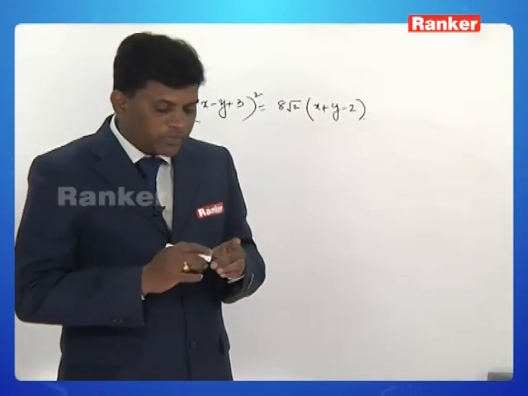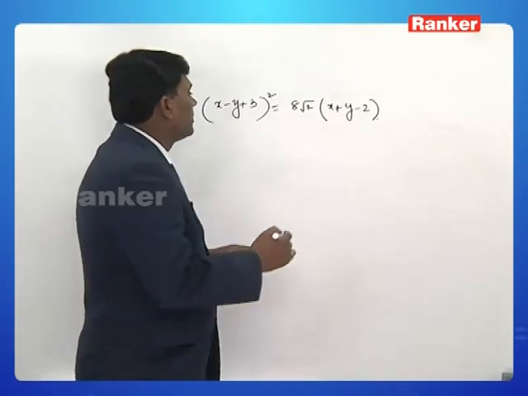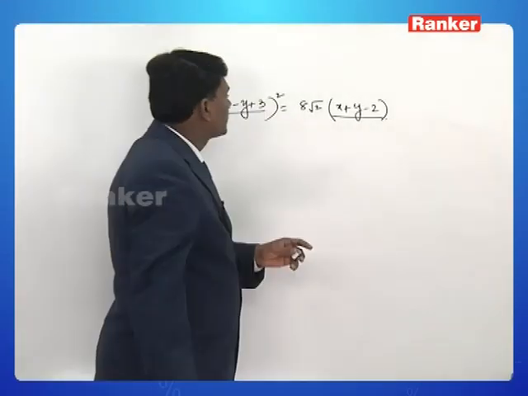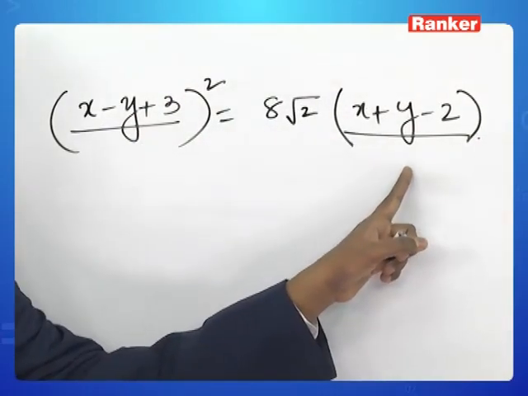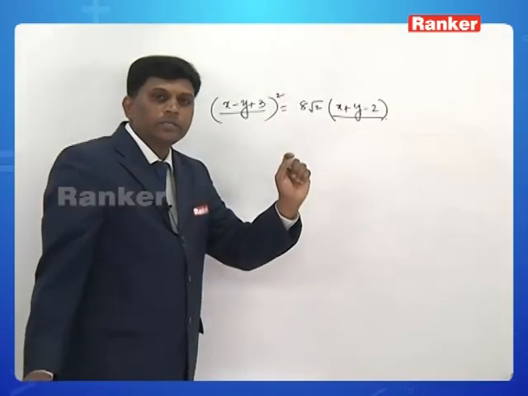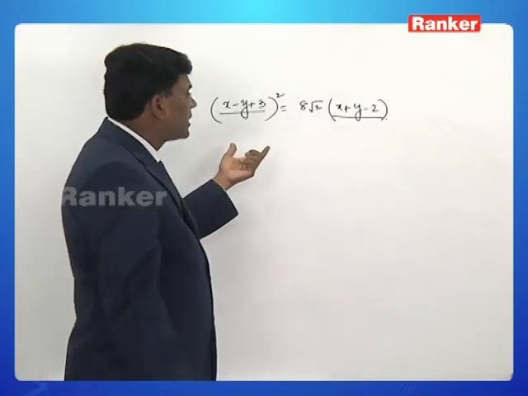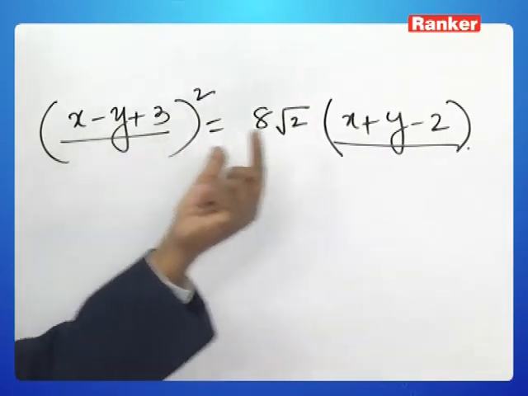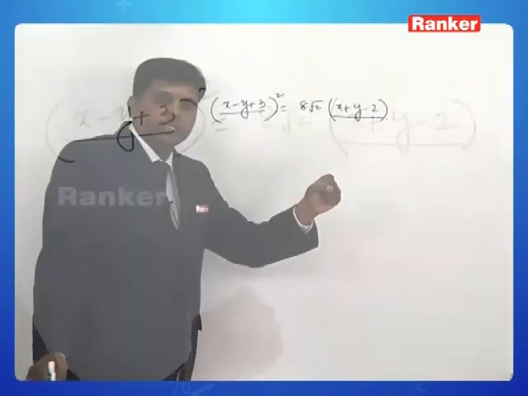The first fact we have to analyze here is whether these two lines given in the equation are perpendicular or not, we check. Obviously x plus y minus 2 and x minus y plus 3 equal to 0 are perpendicular to each other. So we can take this as principal axis and this as tangent at vertex.